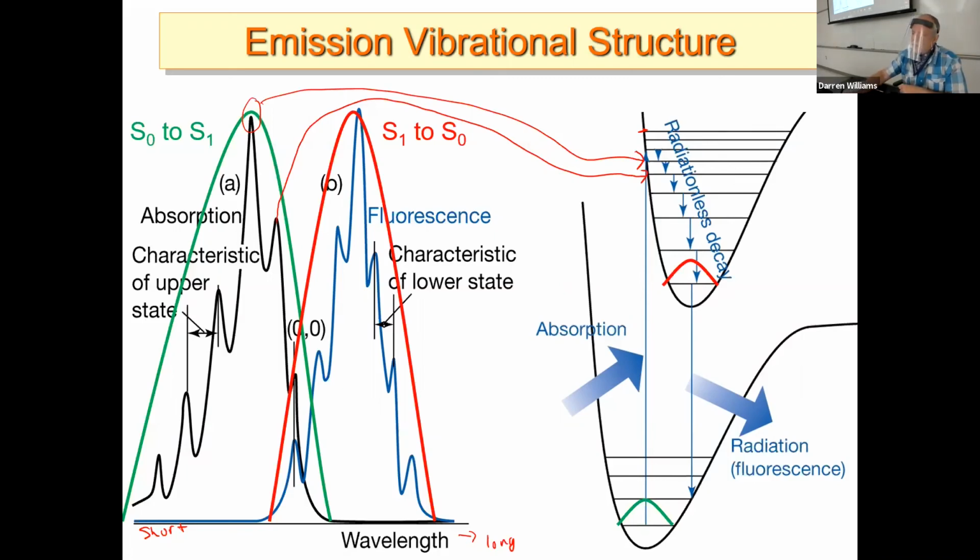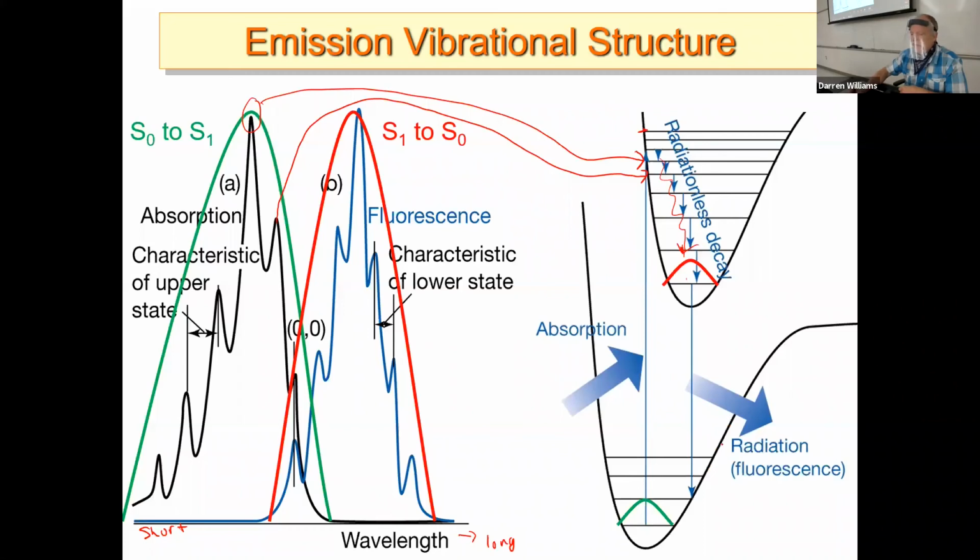So why is that? Well, you have radiationless decay. The molecules that are excited drop down to the ground vibrational state in the upper electronic state. And so now we have this red vibrational wave function, and then it comes down and hits these levels, so it's overlapping with the vibrational levels in the ground electronic state.